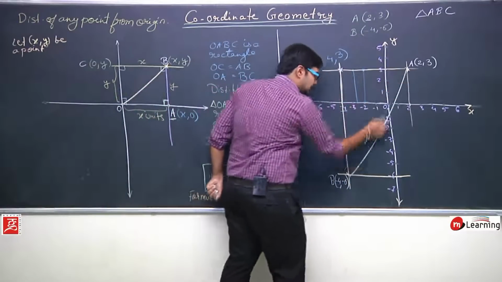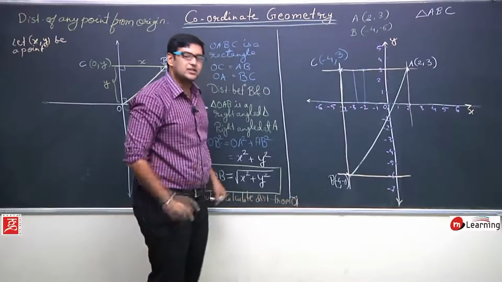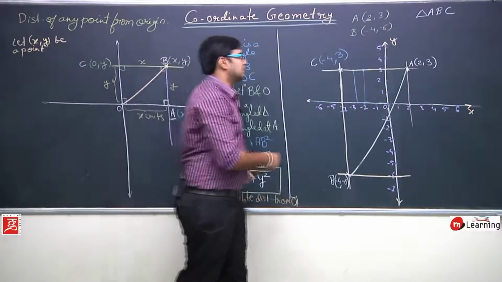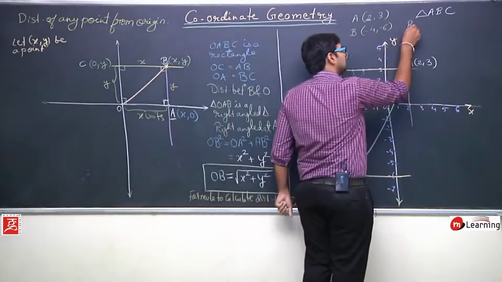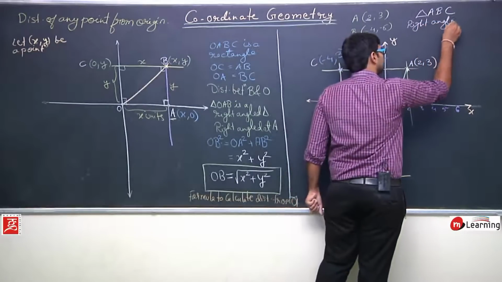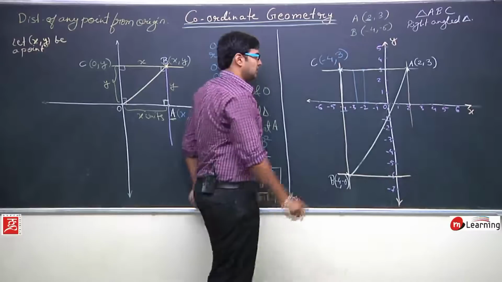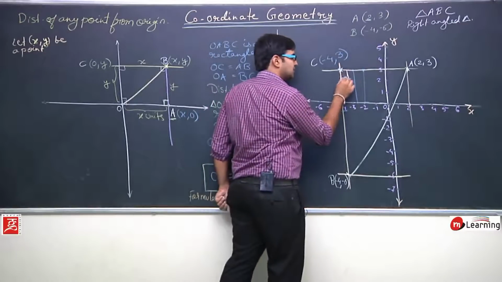This ABC is a triangle, and the most important thing, it is a right angled triangle.